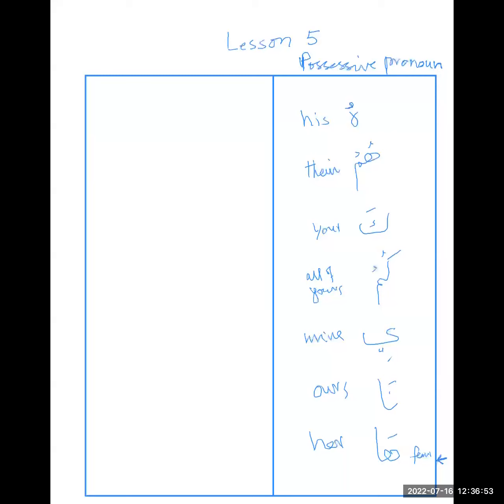You know the meaning of Rabb? Lord, Allah subhanahu wa ta'ala, right? Rabbuhu. Okay, so it means his Rabb, his Lord.